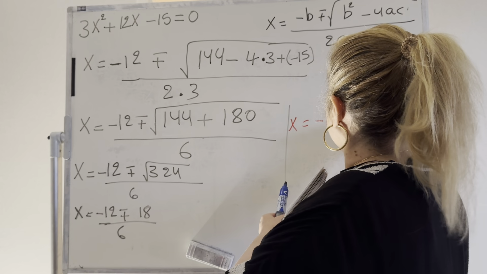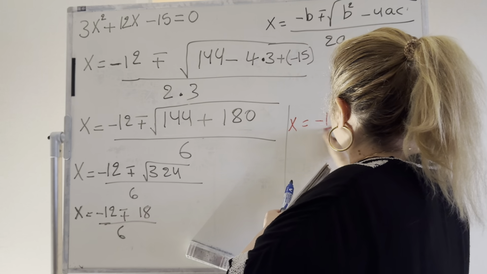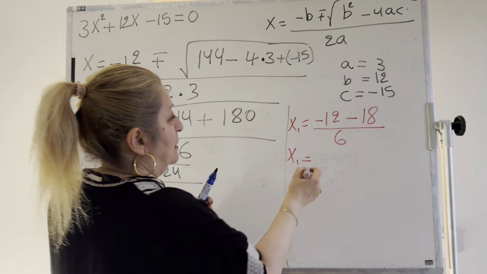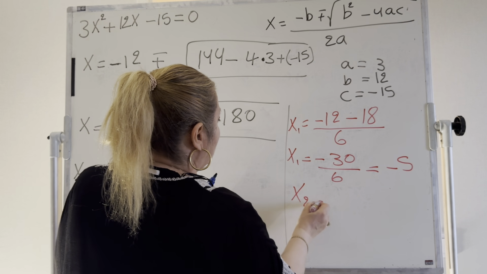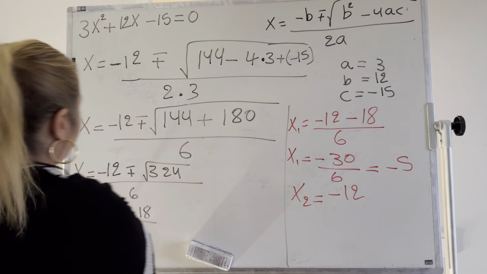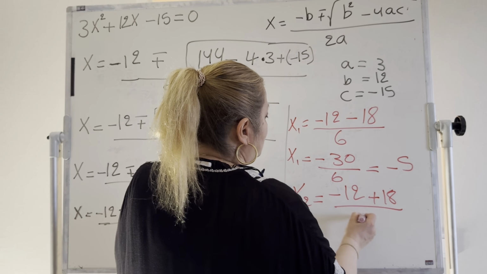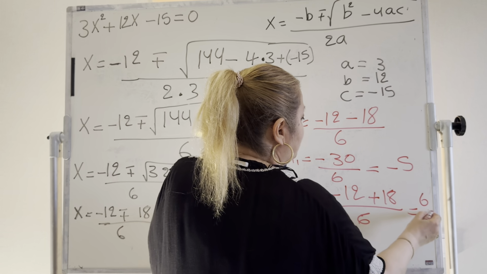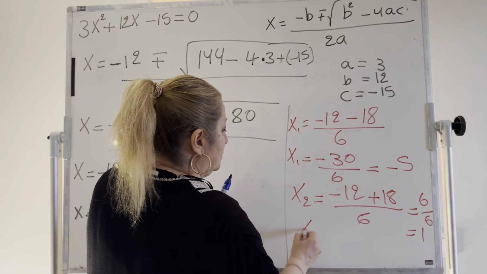I will take the minus sign first, x1 equals minus 12 minus 18, minus 30, divided by 6 equals minus 5. x2 equals minus 12, now I will take the positive sign, plus 18, divided by 6. 18 minus 12 equals 6, and 6 divided by 6 equals 1. So the first solution equals minus 5, and the second solution equals 1.